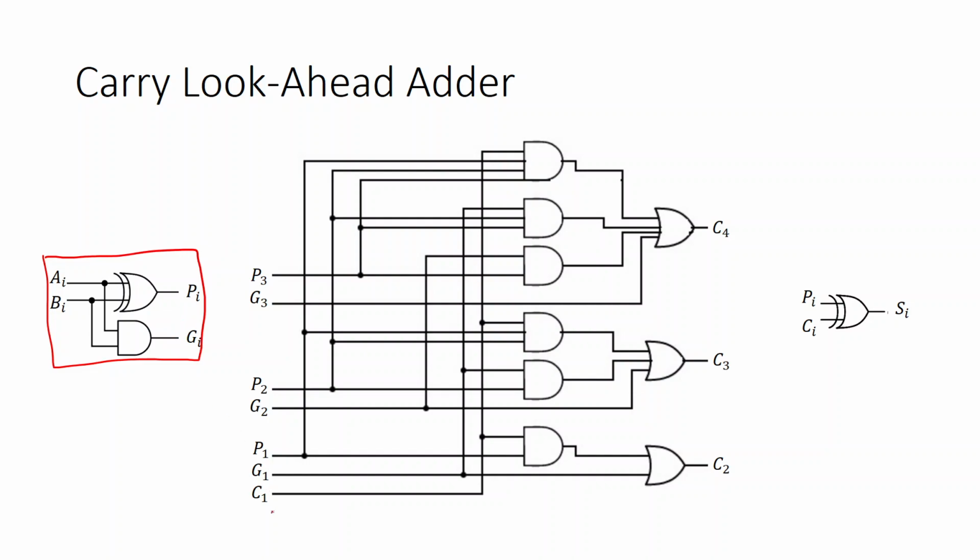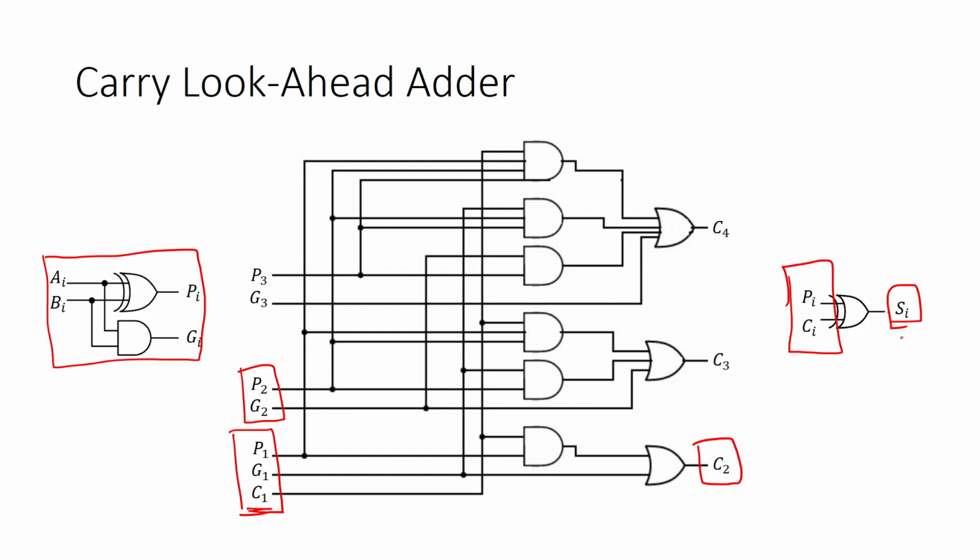a half adder, and this C1 can be generated by putting another half adder, and then using this PI and CI. So this is one PI, GI, CI, P2, G2, and take this C2 from here, P3, G3, take this C3 from here. So PI and CI will come together to form the SI.